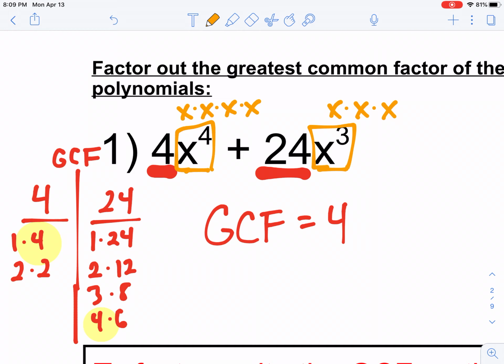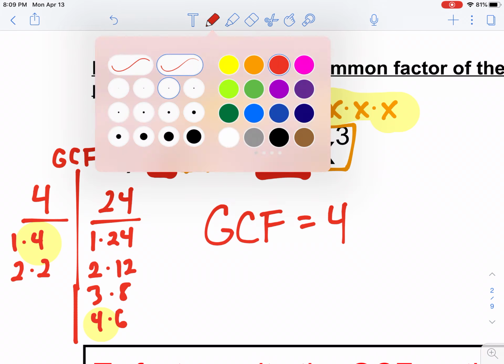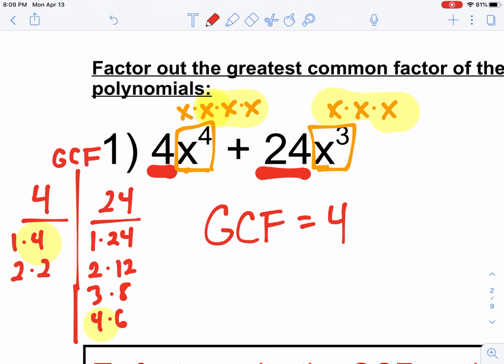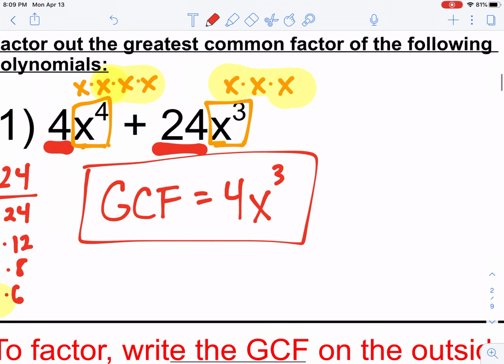So basically, see how all of these x's are also in common with those 3 x's? So x to the 4th and x to the 3rd, the GCF of those two is x to the 3rd because they have 3 x's in common. Okay? So then, now that we have our GCF, we're almost done.